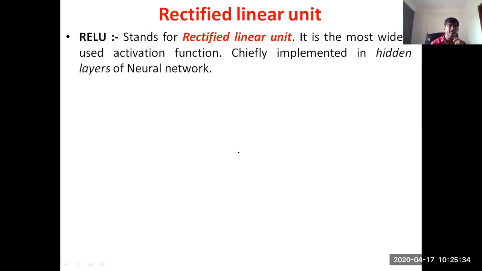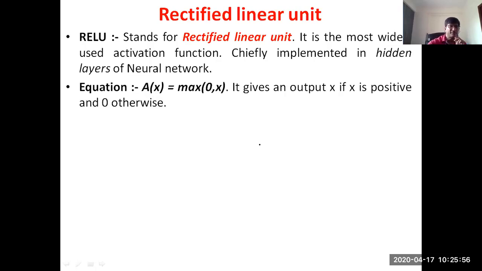For example, at the input, we normally use your sigmoid function, but for the hidden layers, we normally use your RELU function. At the output layer, we normally use a softmax function or some other combination of such functions. But for the hidden layer, RELU is one of the most popular functions that we use.